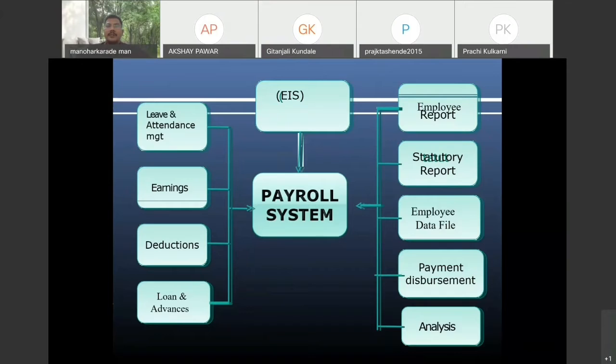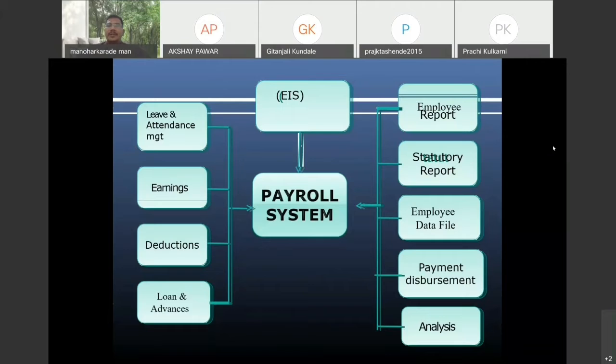And as far as the payroll system is concerned, if you have an understanding of employee reports, for every week and month, we need to prepare a daily report, weekly report and monthly report: who has attended, who has not attended, who is on leave, who is not on leave, that we need to take into consideration as HR. Then statutory reports, there are different statutory reports to understand.